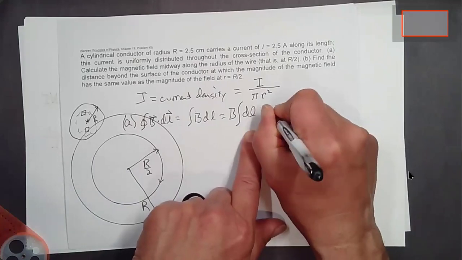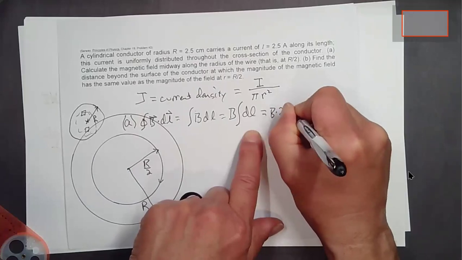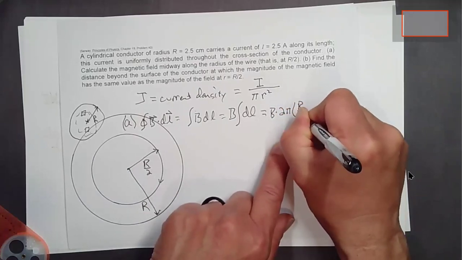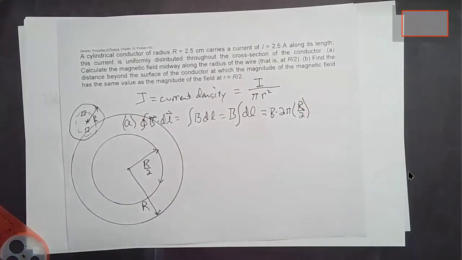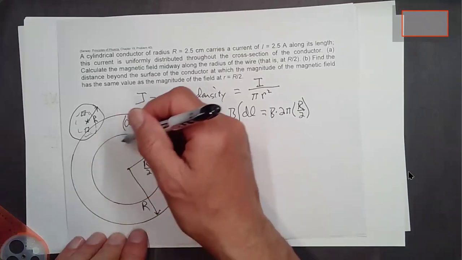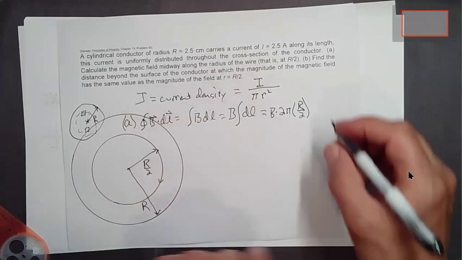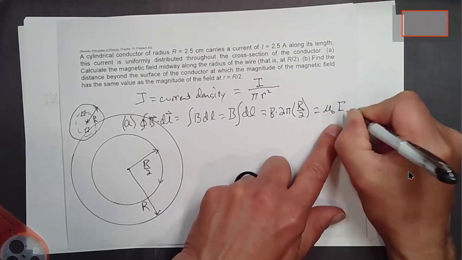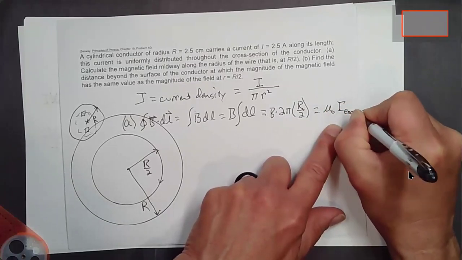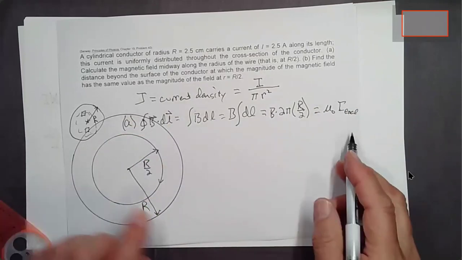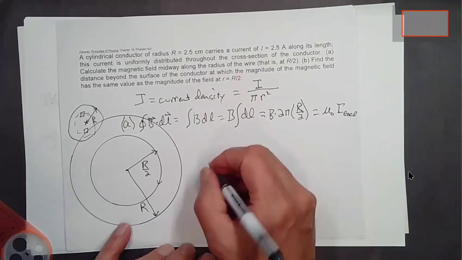So this will equal B times 2 times pi times R over 2. This is a path length now around a circle of radius R over 2, and that'll equal mu naught times the amount of current that I've got enclosed in this thing. Well, how much current will that be?